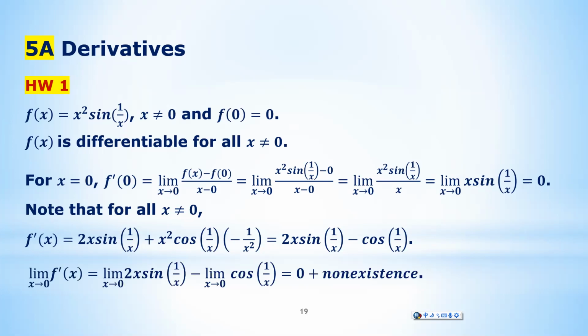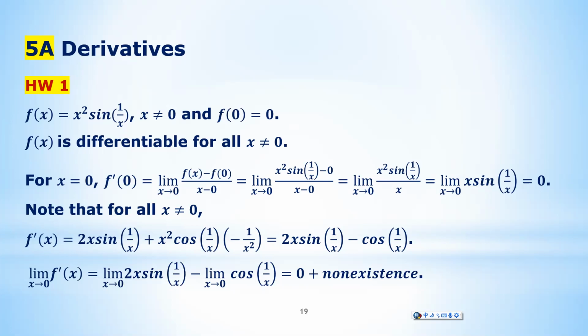Now take a limit of this expression. The first term is 2x sine 1/x. I know that the limit equals 0. However, the second term is cosine 1/x, and that thing's limit does not exist. So from here, you can see that the limit of the derivative does not exist as x goes to 0.